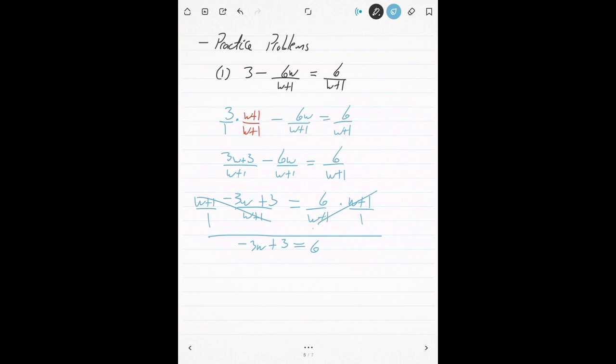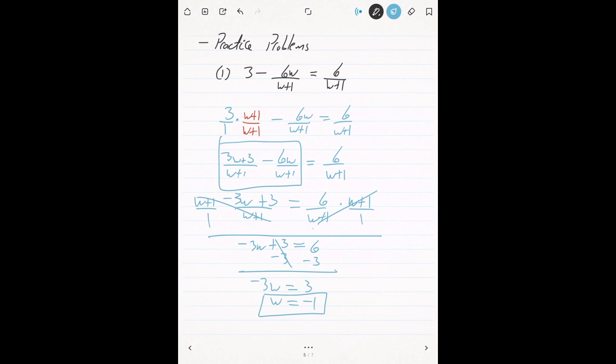So I can subtract 3 from both sides. I get negative 3w equals 3, so w equals negative 1. Hopefully this technique is making sense to you. It essentially relies on the idea that we are trying to combine two of the fractions together and make one fraction on one side, one fraction on the other side.